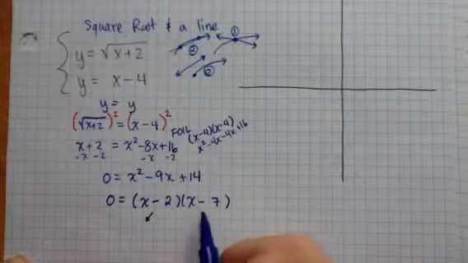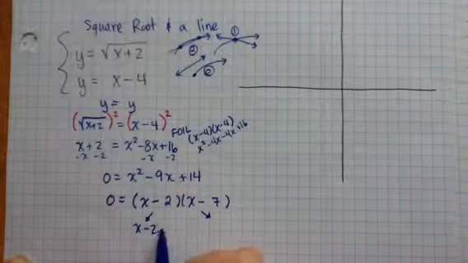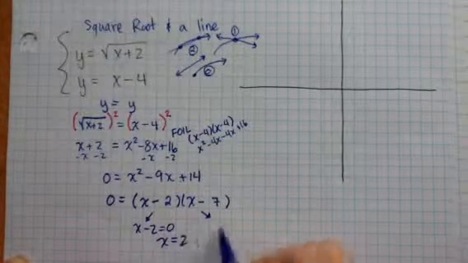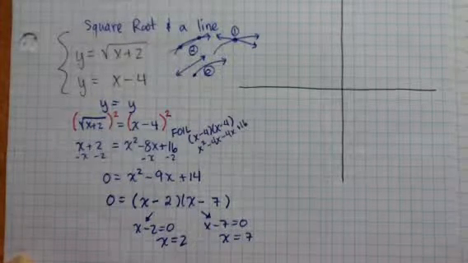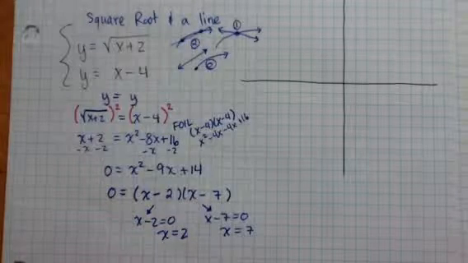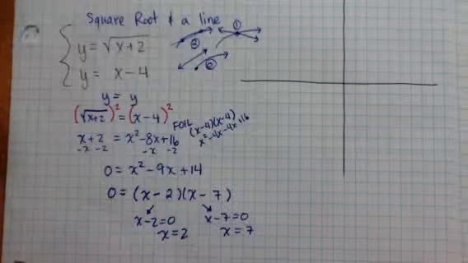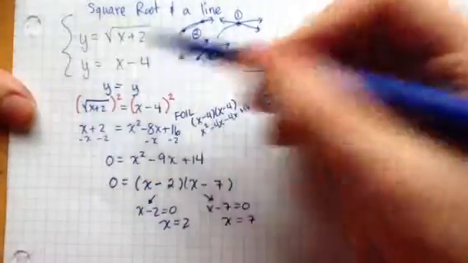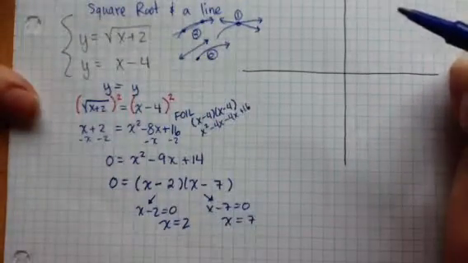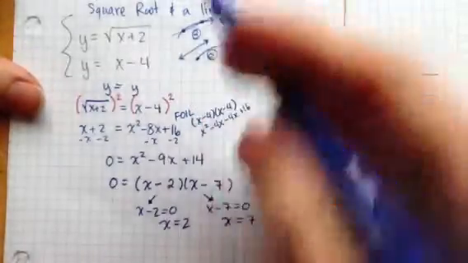Use the zero product property again. X minus 2 equals 0, so x is 2. X minus 7 equals 0, so x is 7. We're going to substitute those back in to one of these two equations. I'll probably use y equals x minus 4.